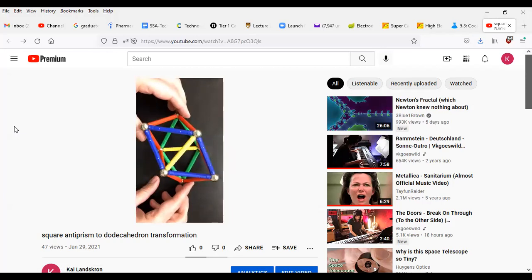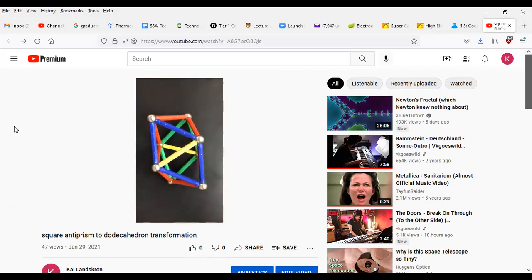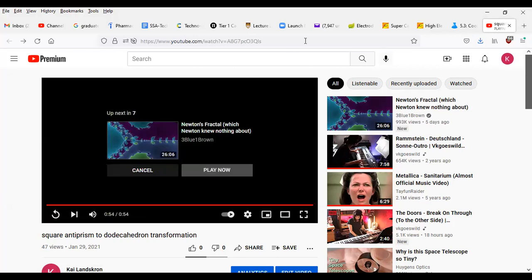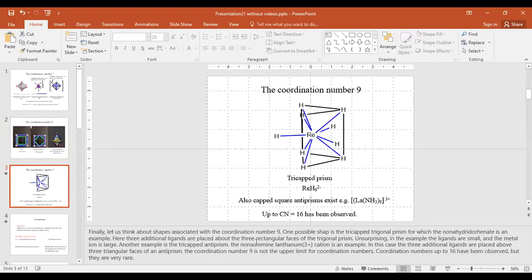Now our dodecahedron is finished. So this is how a square antiprism converts into a dodecahedron.